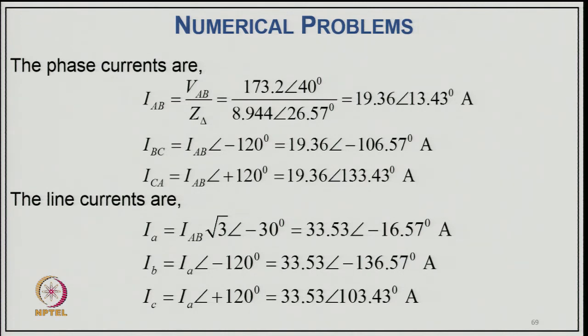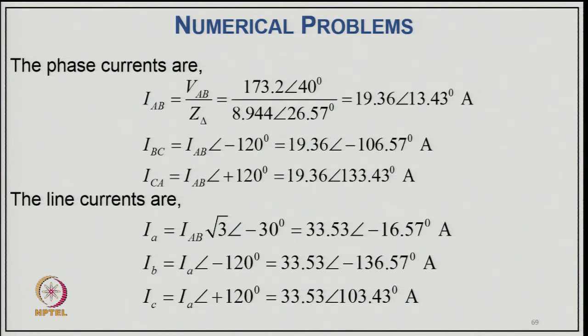Similarly, you can write for I_bc and I_ca; all are equal in magnitude except for the phase difference of 120 degrees. So, I_bc comes as 19.36 at the angle of minus 106.57 ampere, and I_ca becomes 19.36, again equal magnitude and at the angle of again 120 degrees shifted, that is 133.43 ampere.